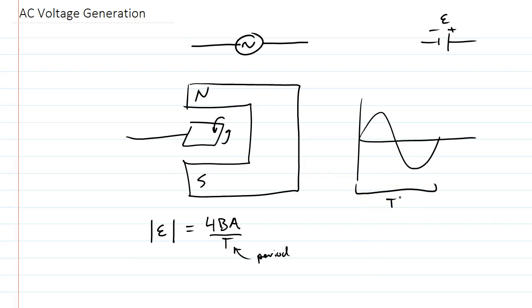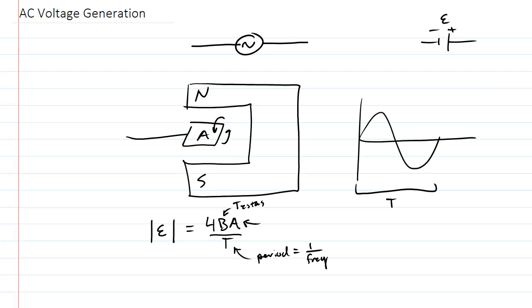And the period, if you remember, is 1 over the frequency. So if they give you hertz, you can figure out the period very easily. So this B right here is the number of Teslas, and this is the area of the coil that you're rotating in the magnetic field.